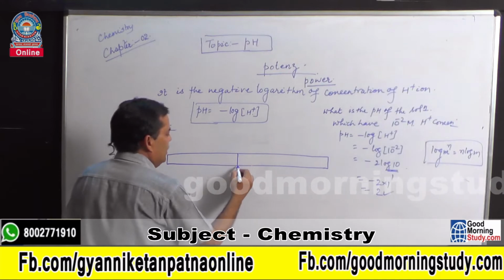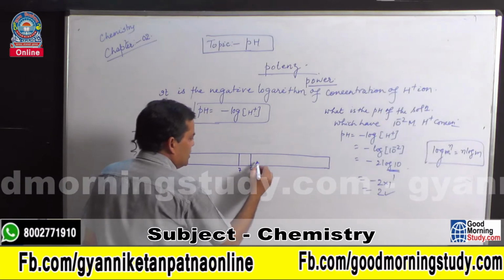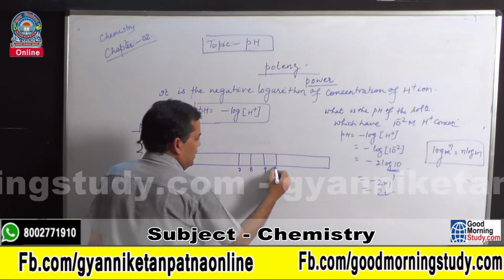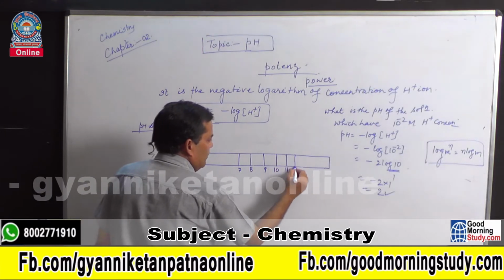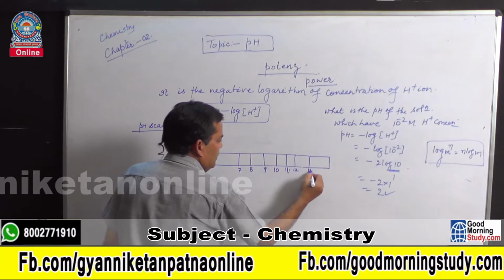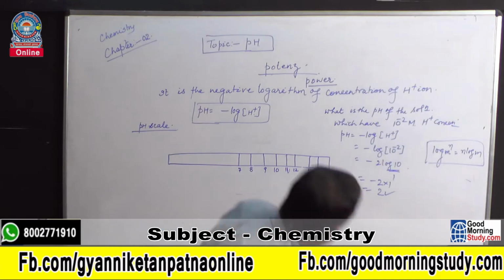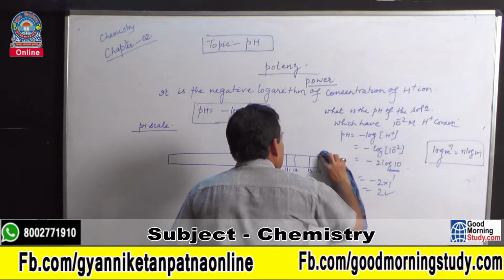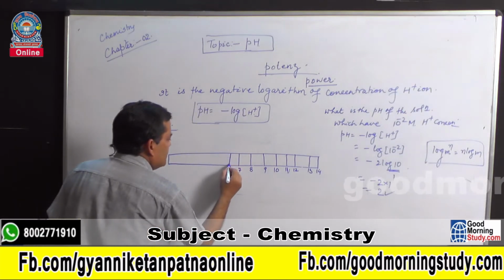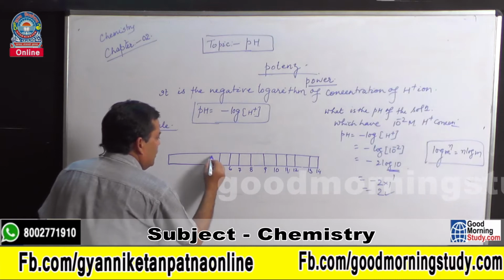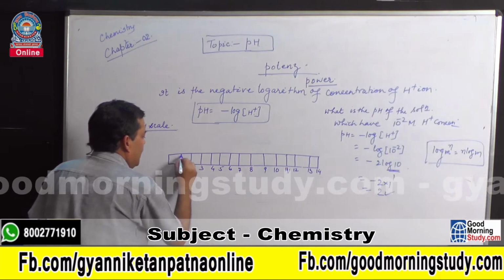Here on this scale the pH is given as 7, 8, 9, 10, 11, 12, 13 and 14. Now the next ones are 6, 5, 4, 3, 2 and 1.